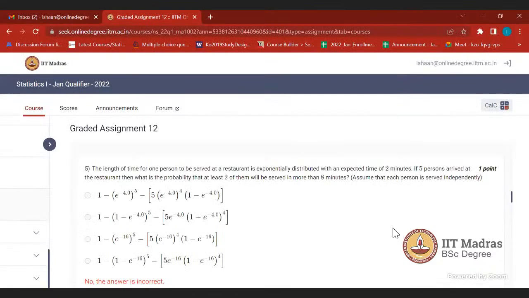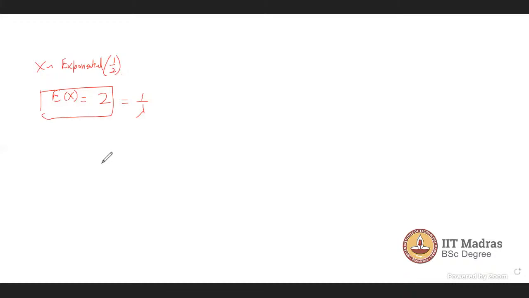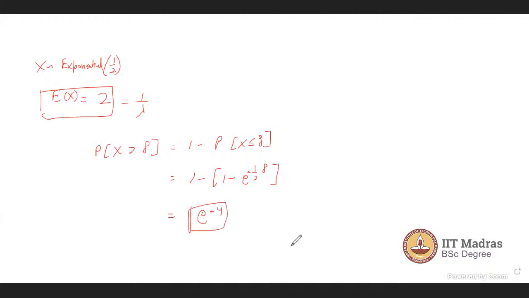I need to find the probability that at least 2 of them will be served in more than 8 minutes. So the probability that anyone will be served in more than 8 minutes is e raised to the power minus lambda x, which is e raised to the power minus 4.